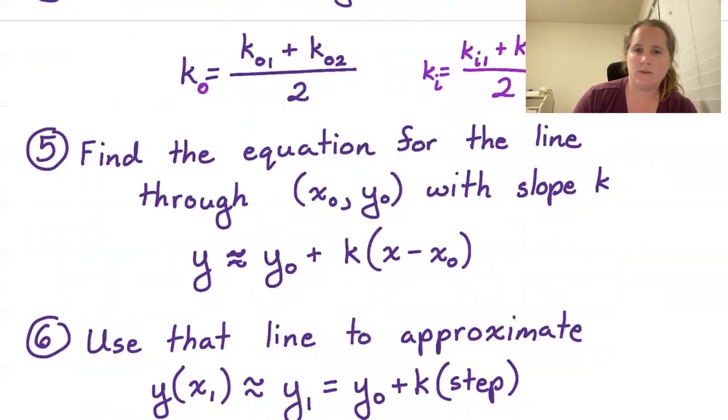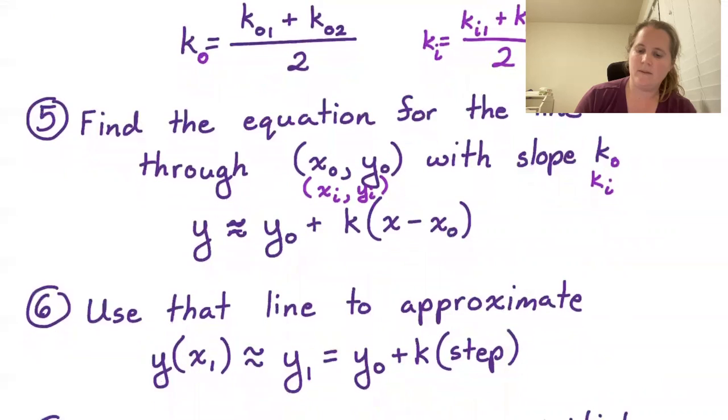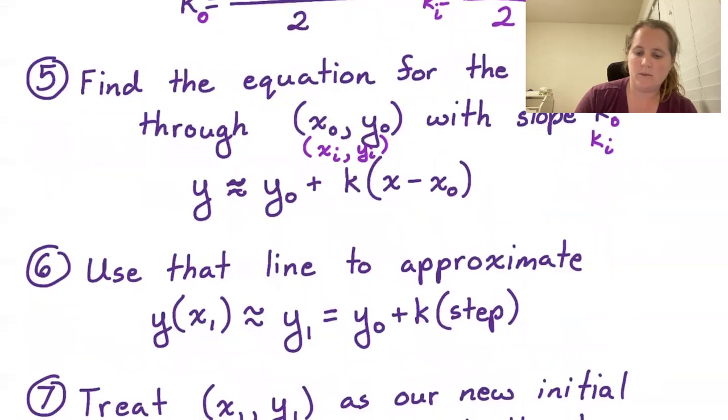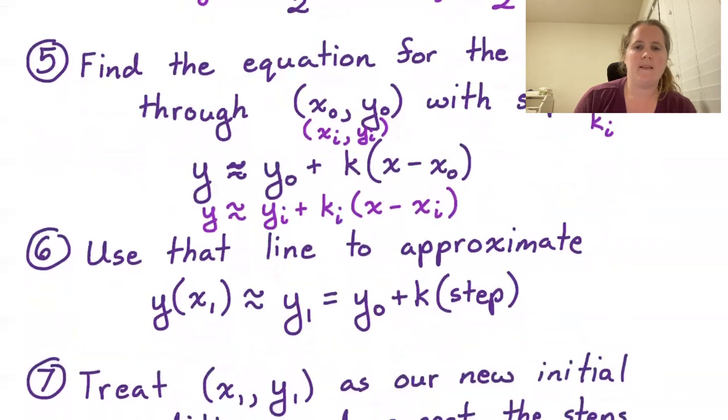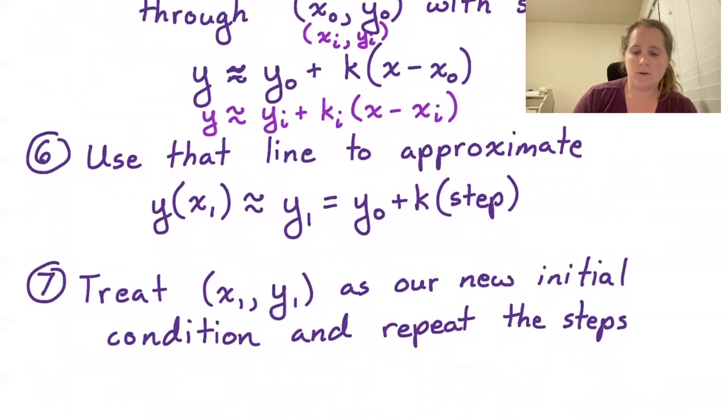We'll find the equation for the line that goes through the point xi, yi, with slope ki, and the equation would be y is approximately yi plus ki times x minus xi. We'll use that line to approximate y of xi plus 1.